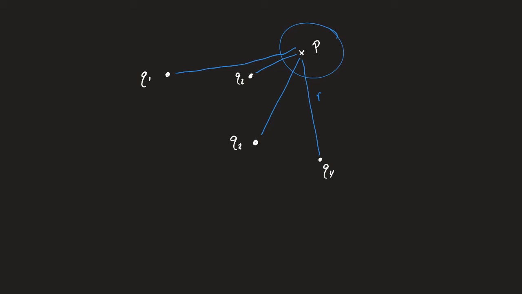It doesn't matter that the Gaussian surface is there. The electric field at point P is still the sum of all of those things.